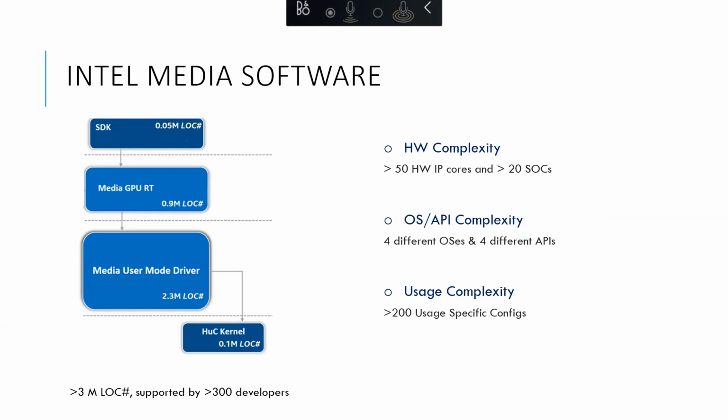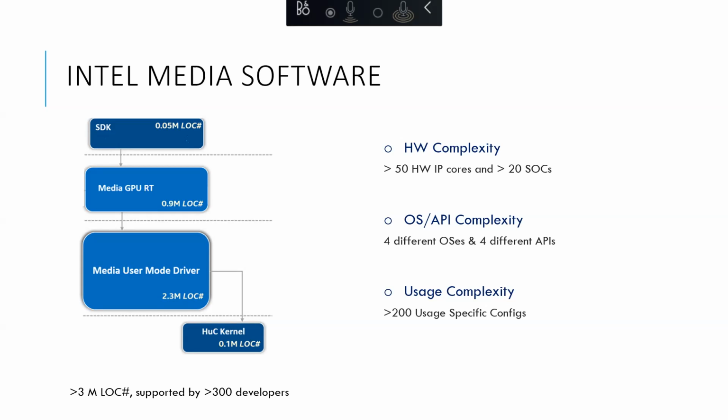At the top is SDK, then GPU runtime, then user mode driver. Then finally, we also need to include the EU firmware kernel. So in total, the intermediate software is composed of 3 billion lines of code and supported by over 300 developers. I would say it is an ultra large scale software.